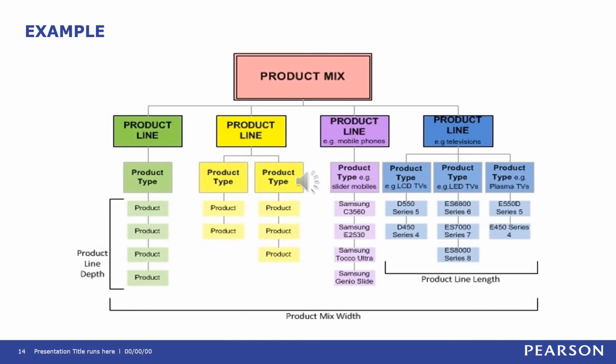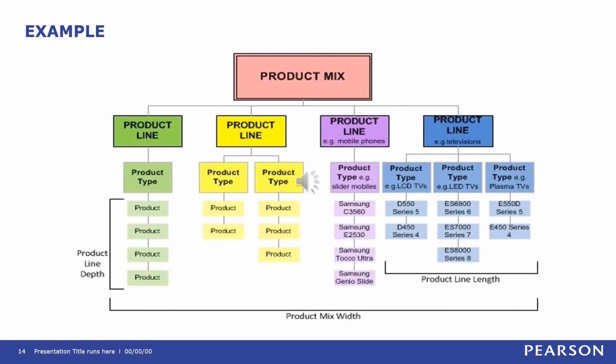Based on the example you can see on the slides here, it shows a product mix. For instance, take a generic example of a company that produces quite a number of electronic products.